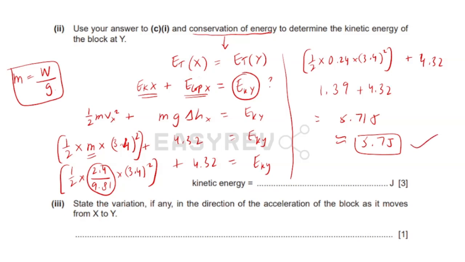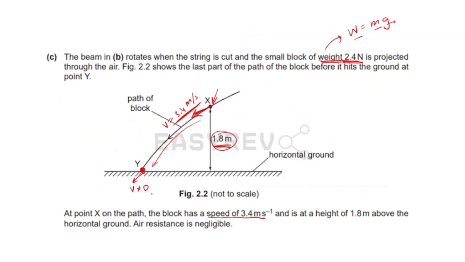Now let's look at part 3. State the variation, if any, in the direction of the acceleration of the block as it moves from x to y. Now, we have to remember that they have given us an assumption that the air resistance is negligible. When we consider this situation, that means there are two consequences. Number one, there is no horizontal acceleration and there is only vertical acceleration.